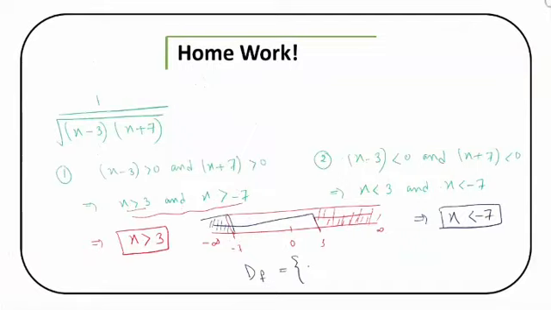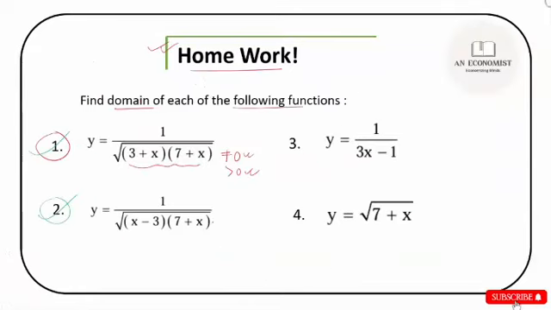It will be all the x values which belong to the real number line such that x is greater than 3 and x is less than minus 7. So this is the valid domain of the function. I think you have understood the process. The process is the same. It's just considering the cases and evaluating them one by one.